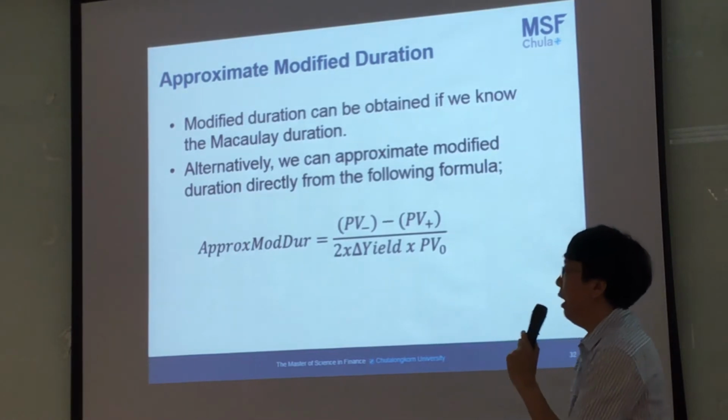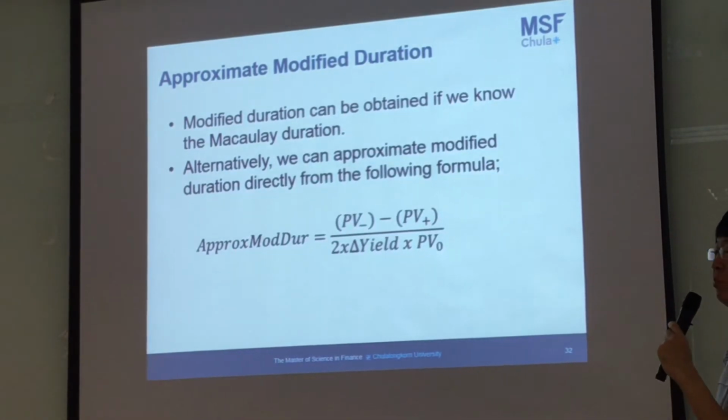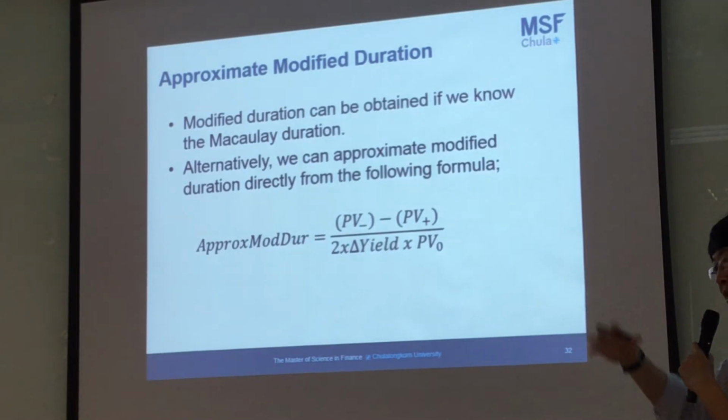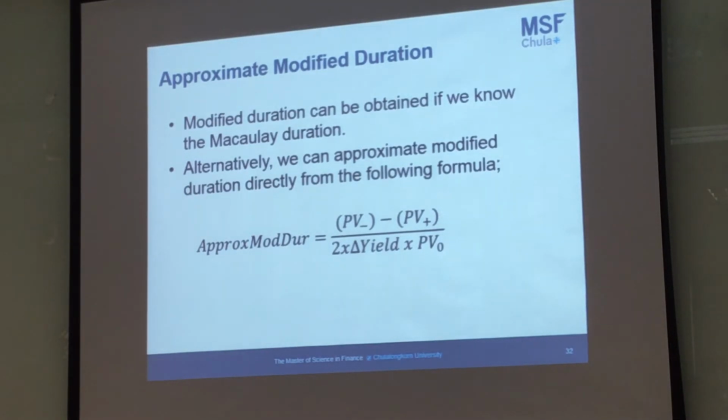This is the approximate formula, but it takes more time actually. You have to re-estimate the bond price 2 times, when the yield increases and when the yield decreases. And the result is just the approximate number, not the actual duration.